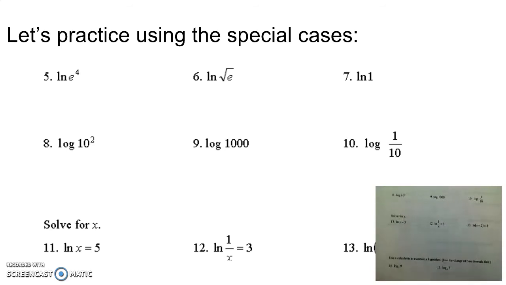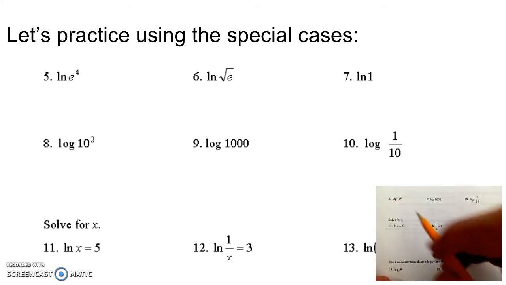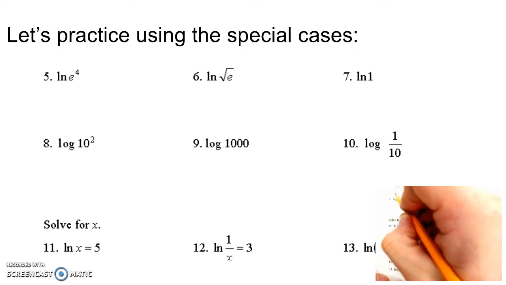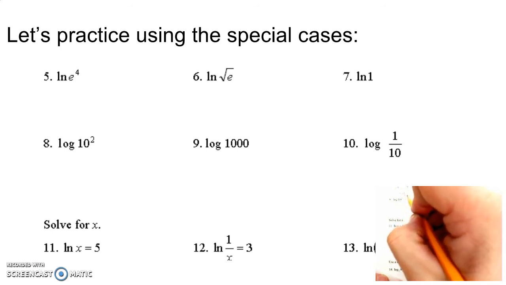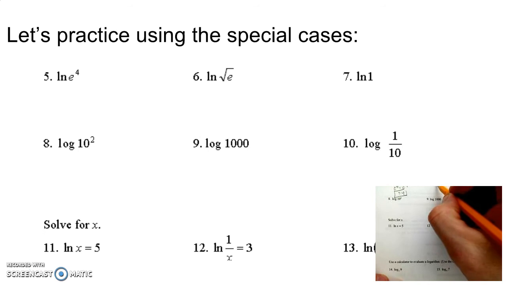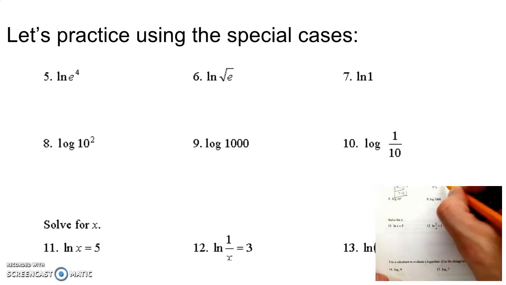So let's practice some of these special cases. So the log of e to the 4th. So remember, this is saying what exponent can I put on e that equals e to the 4th? So that value is 4. Log of the square root of e. Well, similarly, now I have e to the 1/2.